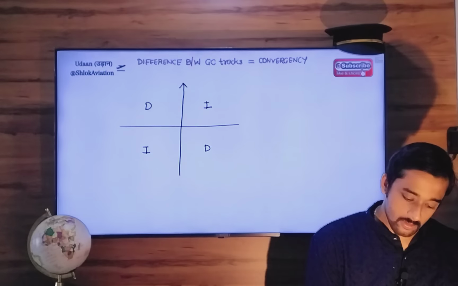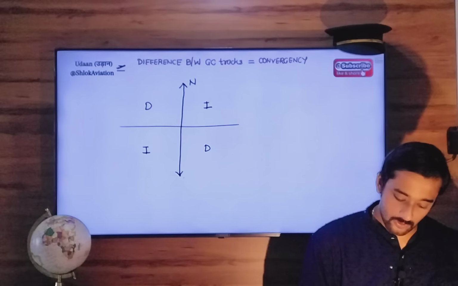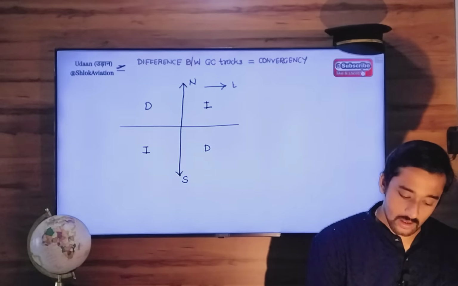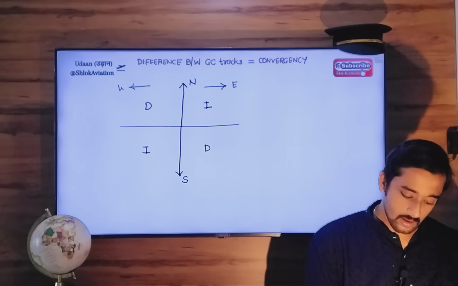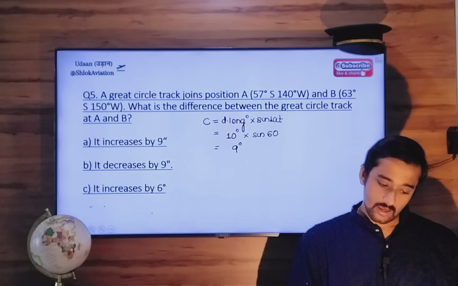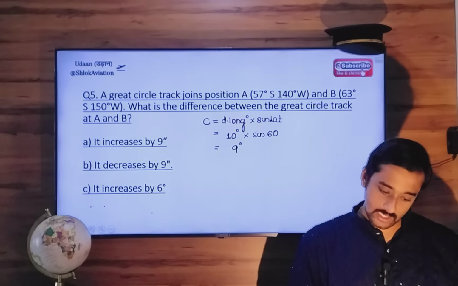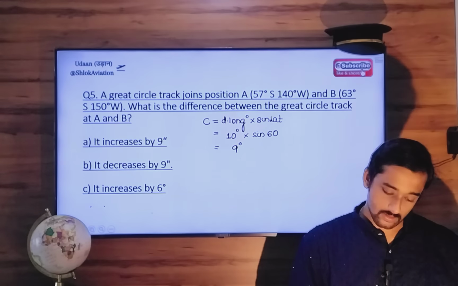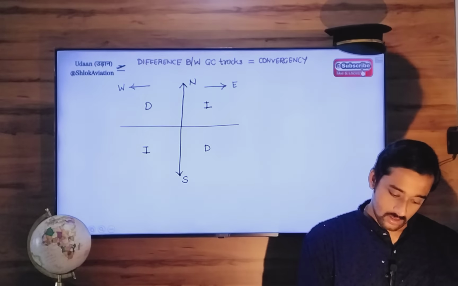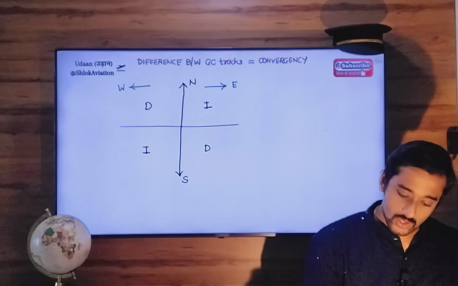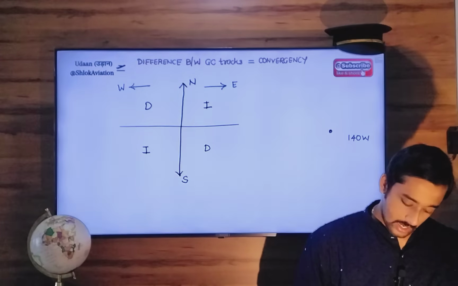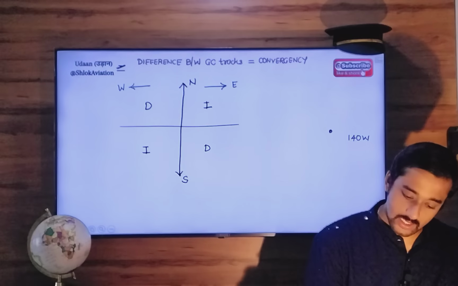So this is the northern hemisphere, this is the southern hemisphere. This is flying eastbound, this is flying westbound. Now here you have 57 south 140 west, and 63 south 150 west. So 140 west and 57 south.